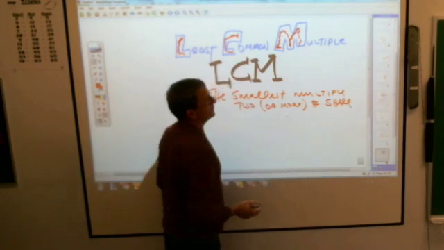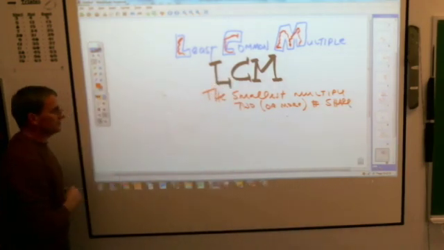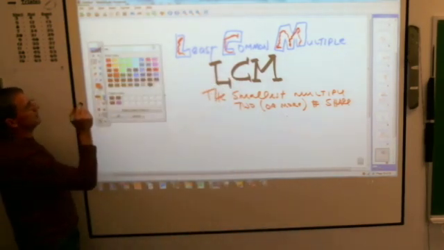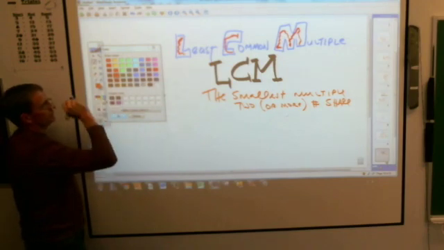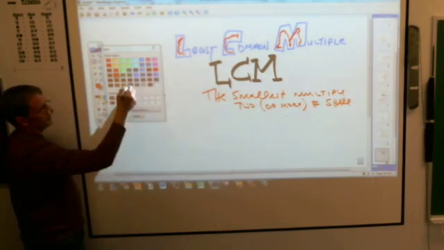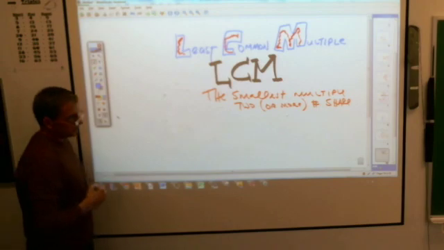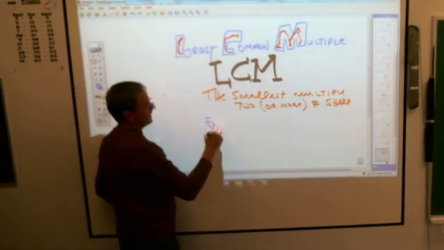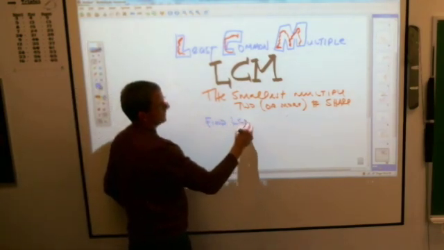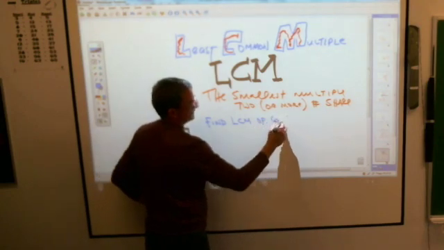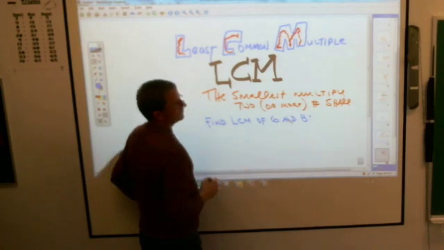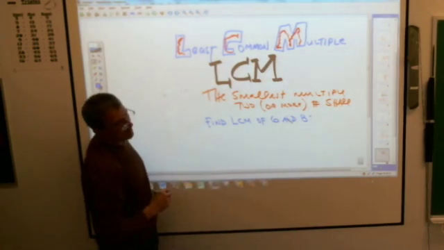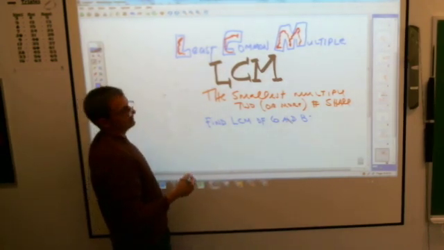Now I have to caution you with this, people. Too many times I see people get least common multiple mixed up with greatest common factor. Notice that greatest common factor is the biggest number and least common multiple is the smallest number. For example, find the least common multiple of 6 and 8. Please don't tell me it's 2, because it is not 2. That's the greatest common factor.